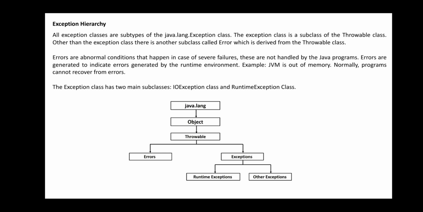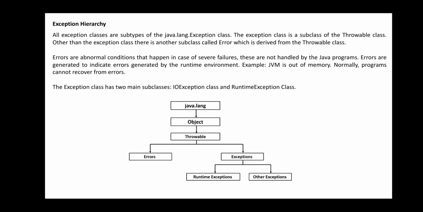So here it has been defined with two different subclasses. The java.lang package will be called through the object of the throwable class. It can be divided into normal errors as well as exceptions, and exceptions are subdivided into runtime exceptions and other exceptions.